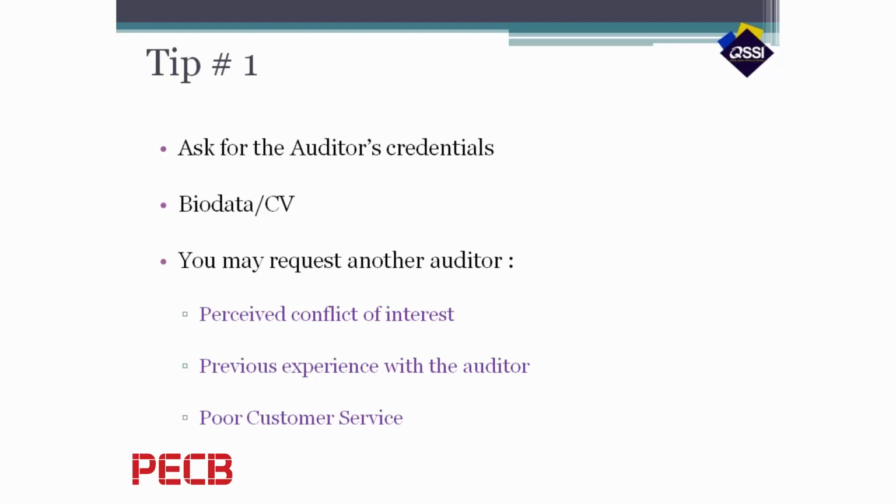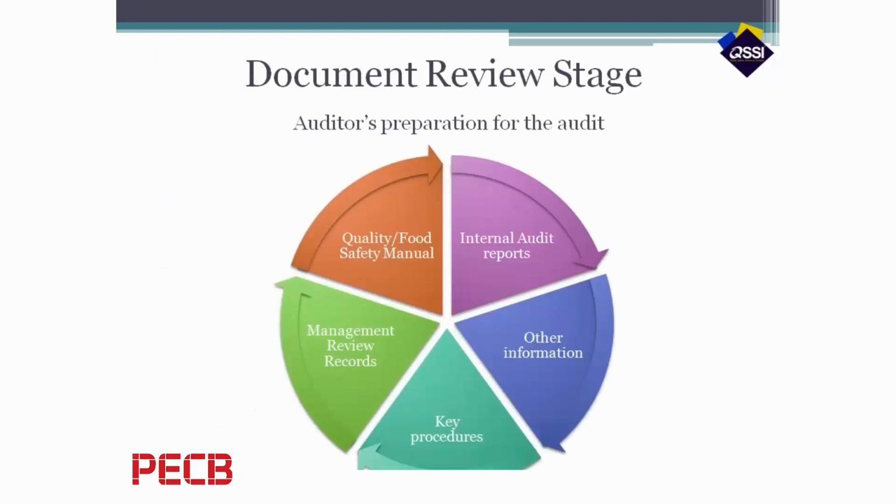Well, what I can definitely say is that if they didn't want to change the auditor, we went ahead and changed the certification body, just because they did not take into consideration the perceived conflict of interest that we were sharing with them. So it's your process, it's your system. You have to make sure that you get the best certification body working for you.